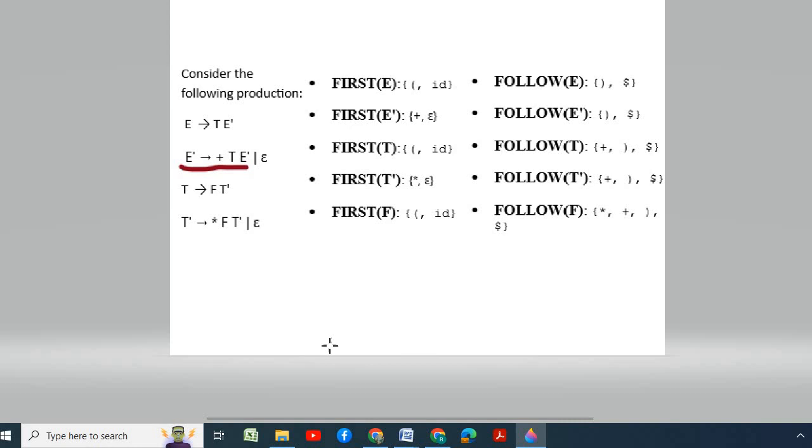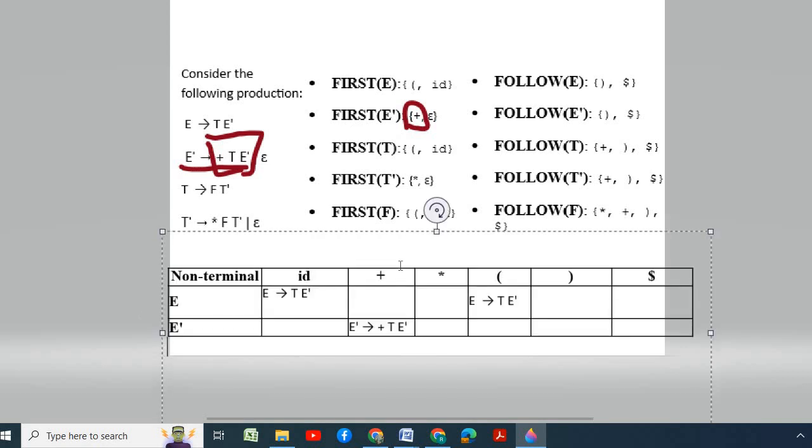We have to write it in the space plus, because the first of plus T dash will give the answer as plus. So in E dash comma plus, we have to write E dash tends to plus T dash.